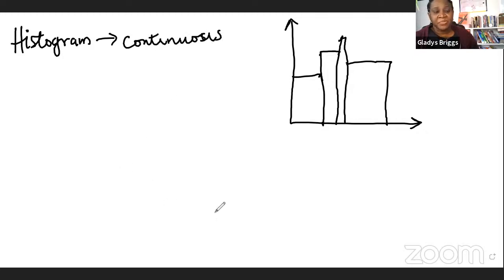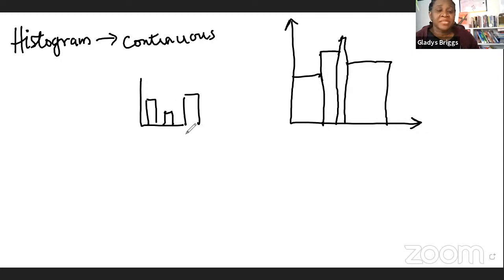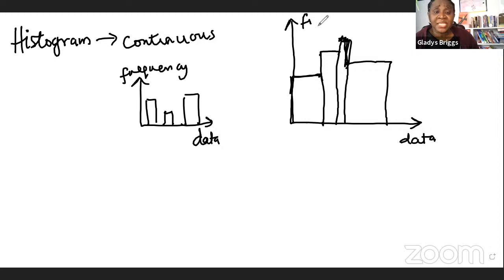Continuous data. With bar charts, you had the gaps in between, but with histograms, it's all closed up because it's continuous data. You still have the data on the x-axis, and here you had the frequency, but this time you have the frequency density.